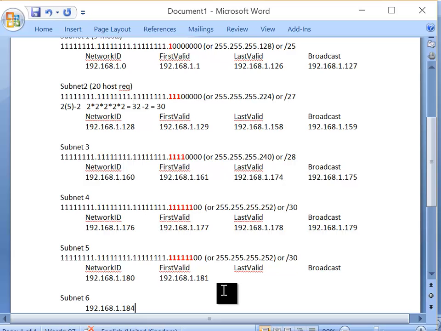It's going by 4 because this bit is representing 4. So the broadcast is the subnet 6 network ID minus 1, 192.168.1.183, and the last valid address is 192.168.1.182. Right, we've done it.